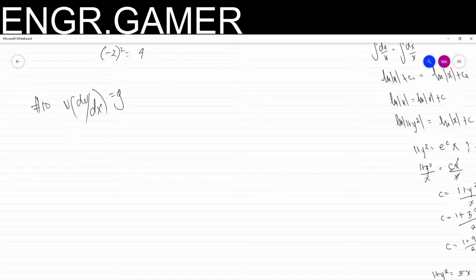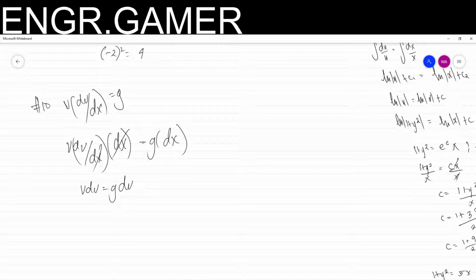So we have v dv over dx multiplied by dx, g times dx. Okay, multiplying both sides by dx para hindi masira yung equals natin, makancel out. So meron tayong v dv is equal to g dx. Okay, so dx, sorry guys, dx. Integrating both sides, this is v to the 1 plus 1 over 1 plus 1.